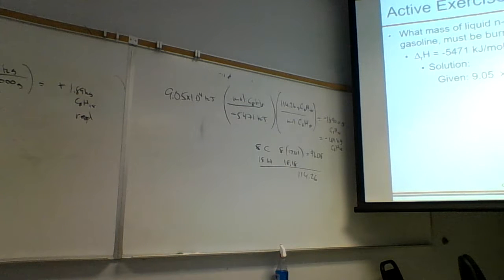Let's see what the book did. You see the book just went ahead and did the positive, but when they do the positive like this, you're losing the direction, whether it's a loss or a gain.